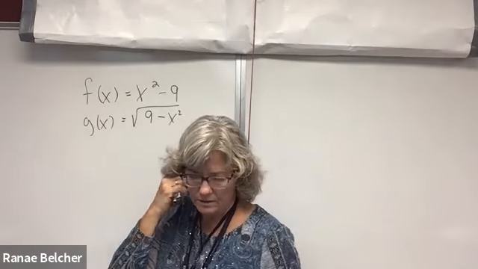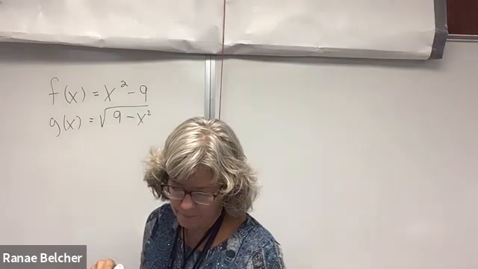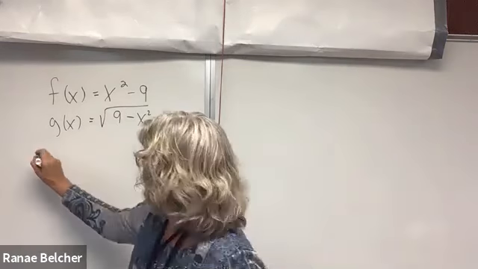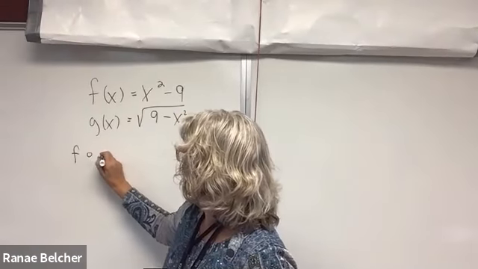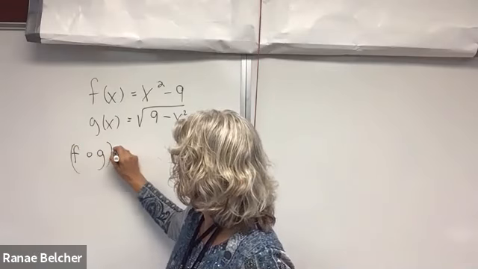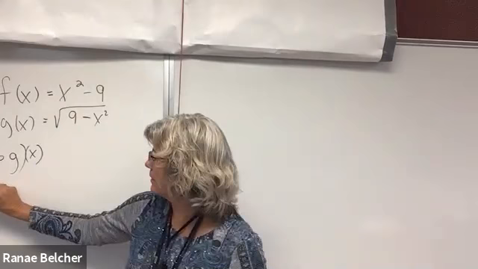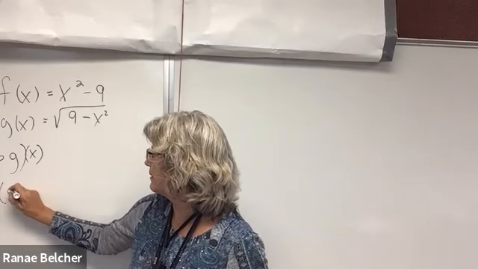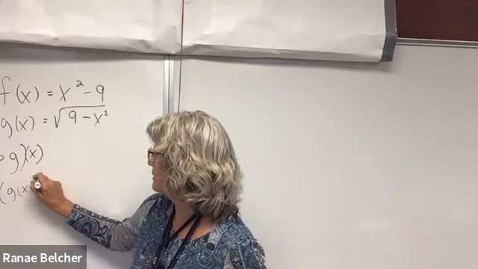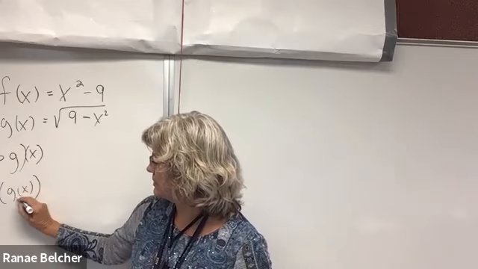That's weird. They both have 9s and x squareds and a minus, but they're still different. And then they show f o g of x. Sometimes when you're doing these, it's good to rewrite it as f of g of x, just to remind yourself that you're putting g into f.